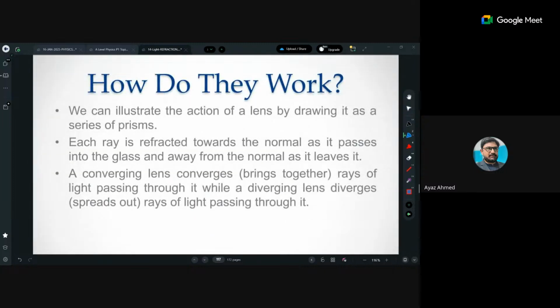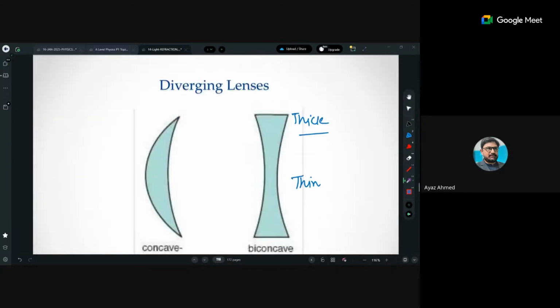How do they work? When we consider the lens, we have to know the basic principle that a lens bends the light ray when it reaches its surface, as the thickness of the lens is variable. Did you see?